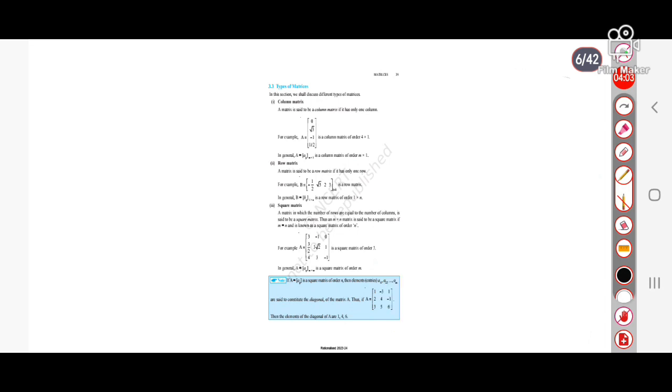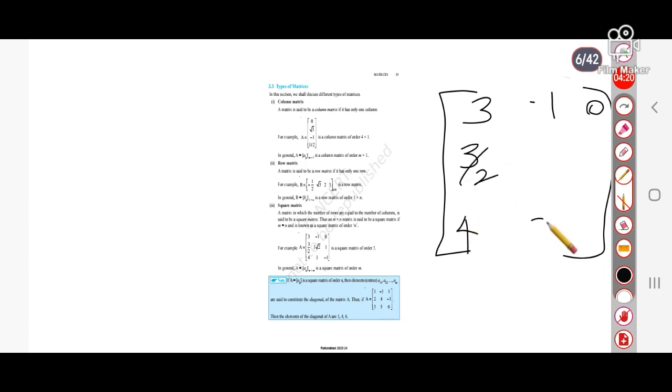Now what is the third type that is present? It is square matrix. Now they have given an example like this: 3, minus 1, 0, 3 by 2, 4, 3, minus 1, 1, 3, root 2. It is a square matrix of order 3, or it can be generally represented as m or n, whatever, no problem, it's our assumption.